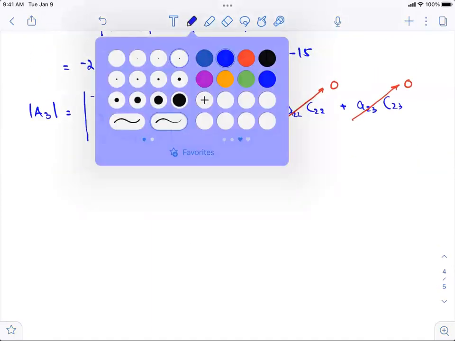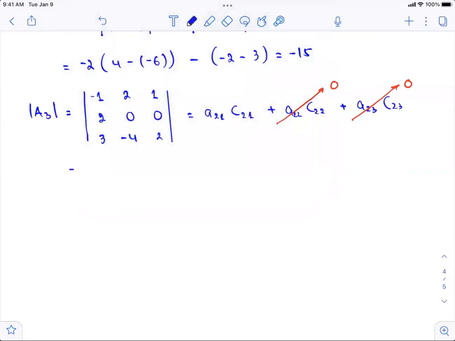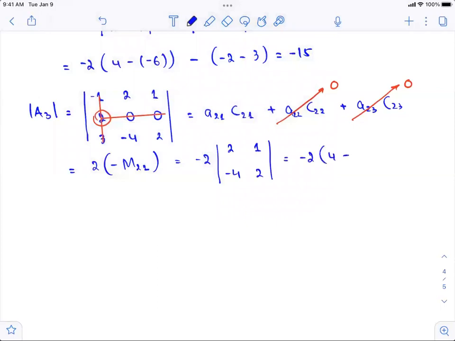The entry of A21 is 2, and the corresponding cofactor C21 is going to be -M21, or -2 times, delete the corresponding column and the corresponding row. You're left with the entry of 2, 1, -4, 2. What is -2 times 4 minus -4? Well, this is going to be -16.